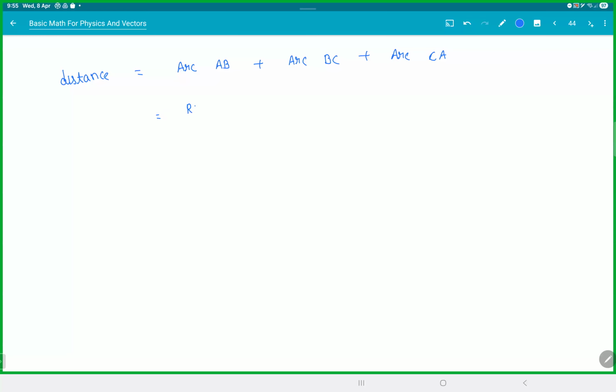So this is R into pi by 3 plus R into pi by 3. And now I know that theta is not a standard angle, so I'll just leave it as theta, where theta is cos inverse 5 by 8. This is how they represent the answer. So you can leave it like this. You can't simplify it further. Normally in the exam, they'll give you the value, then you can do it. Or else you can leave it like this. So this will be R into 2 pi by 3 plus theta. That's your answer.